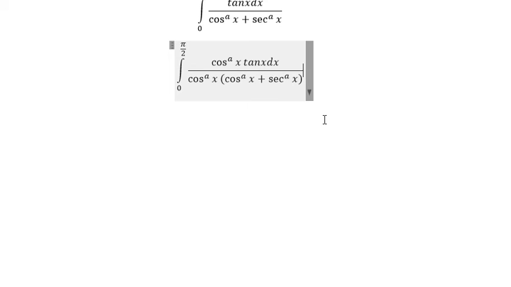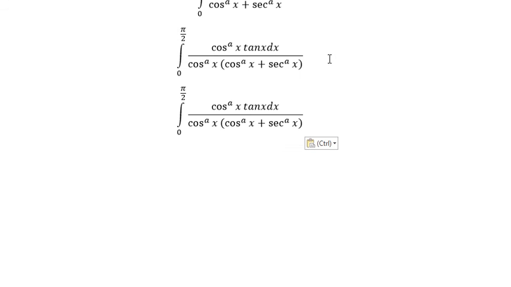In this situation, we multiply both sides by cosec x to the power of a, on the numerator and denominator. Next, cosec x to the power of a multiplied with cosec x to the power of a gives cosec x to the power of 2a.